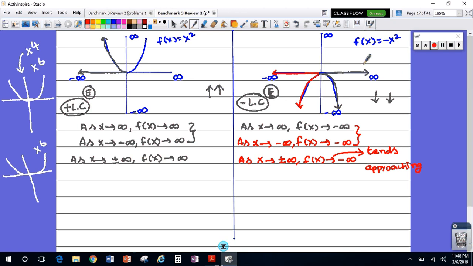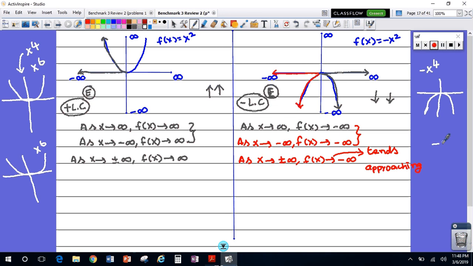Now in the same way, if the leading coefficient is negative and the exponent is 4, negative x to the 4th, then you will have a curve passing through the origin, but it is flat at 0.